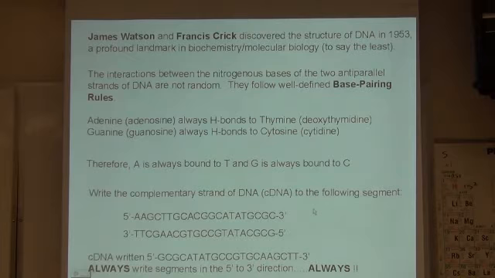What are you doing, writing down the sequence? Got it? You can base pair it later.